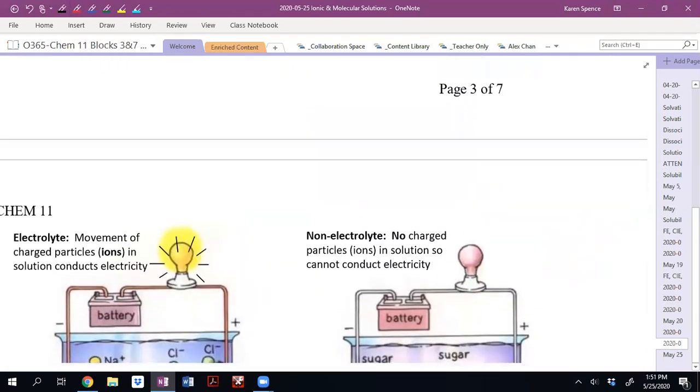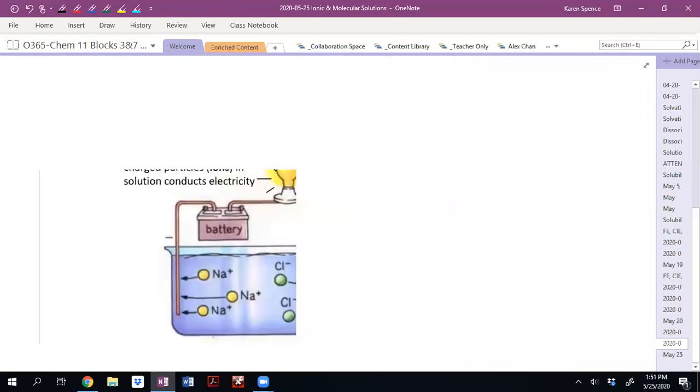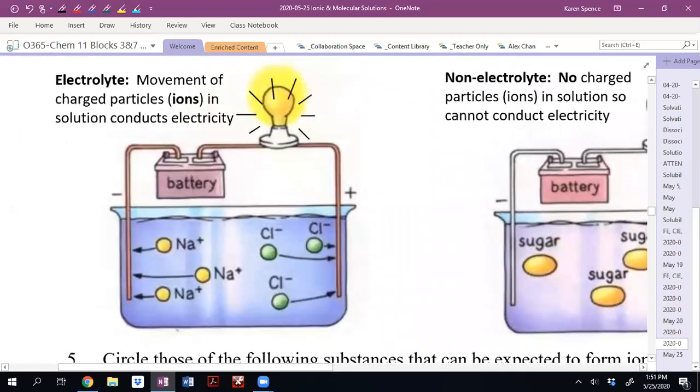And then finally, why does that make them electrolytes and non-electrolytes? In an electrolyte, if we have our battery, and this is my negative terminal and this is my positive terminal, that means that this electrode here is going to be negative, and so it will attract the positive ions. And this electrode over here is going to be positive, and so it will attract the negative ions.